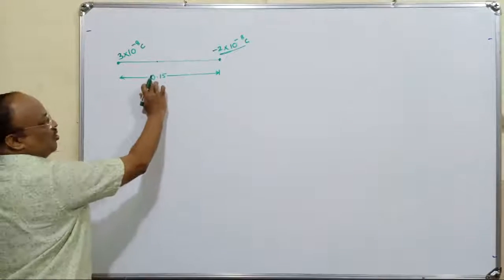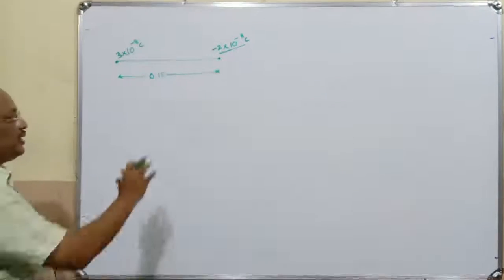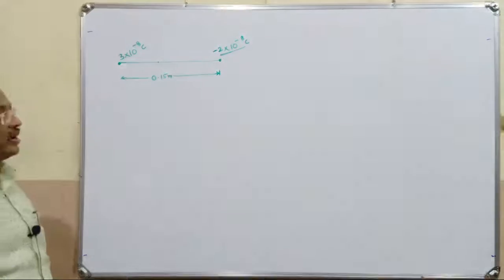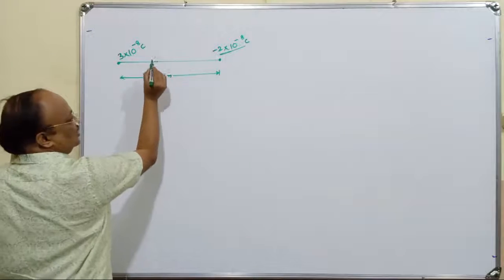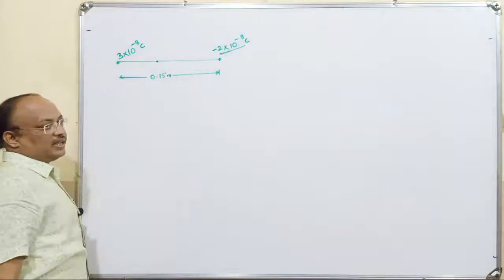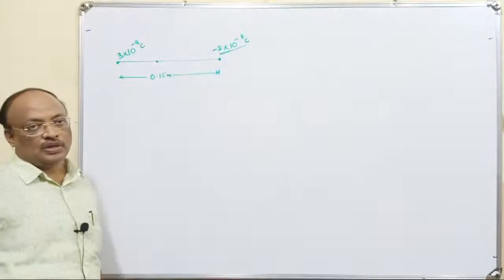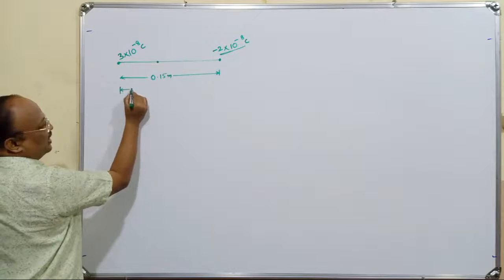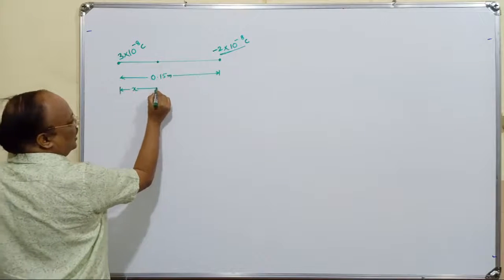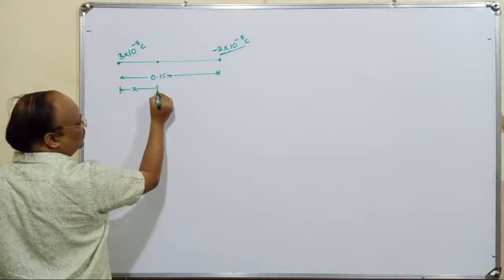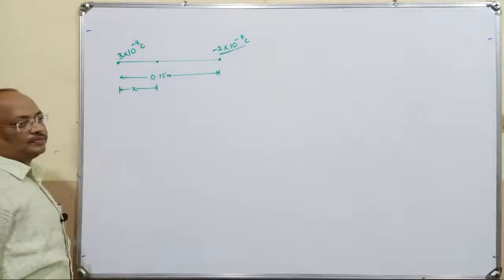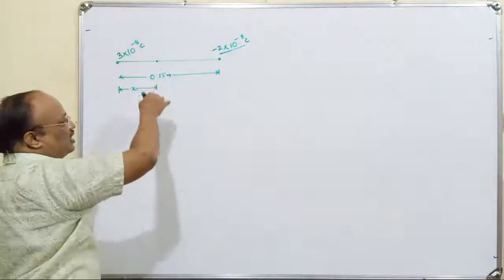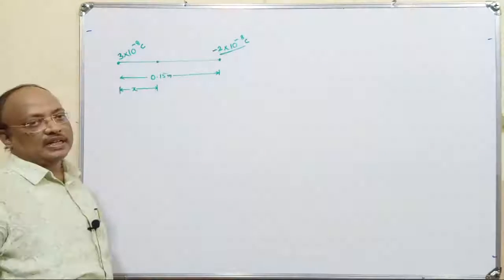The distance between the charges is 0.15 meter. So this is the point where the potential is zero, I am assuming. This point is at a distance of x from the 3 into 10 to the power of minus 8 coulomb charge.